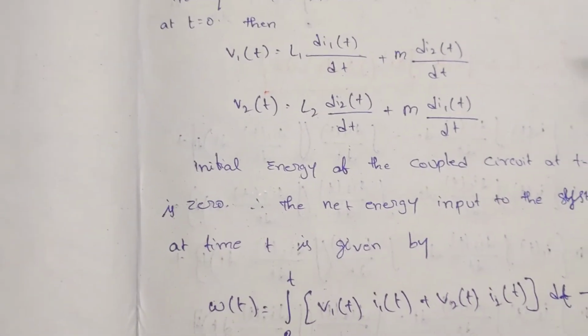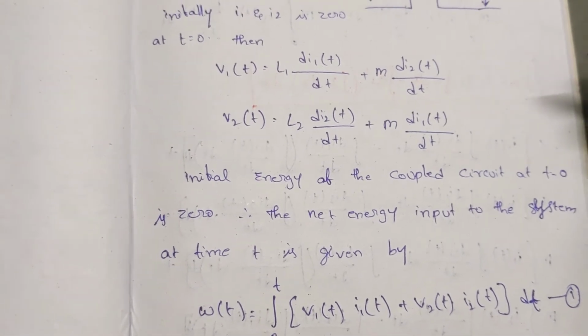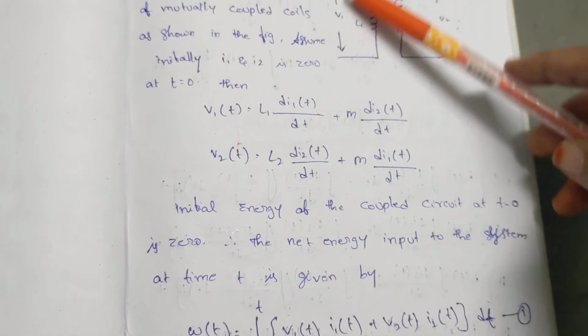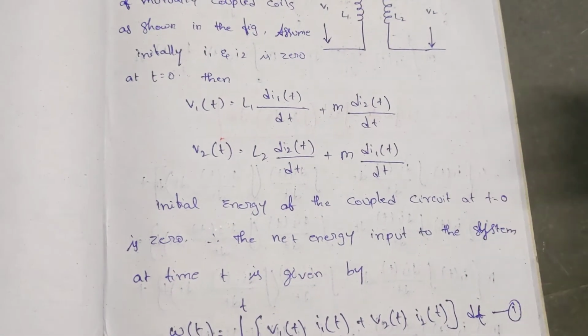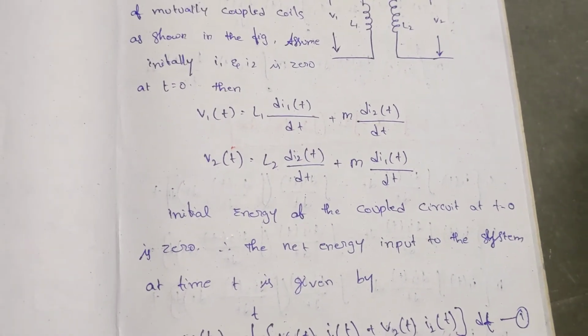We know that the initial current of the coupled circuit will be 0, because these coils are not electrically charged; it starts from 0 onwards.